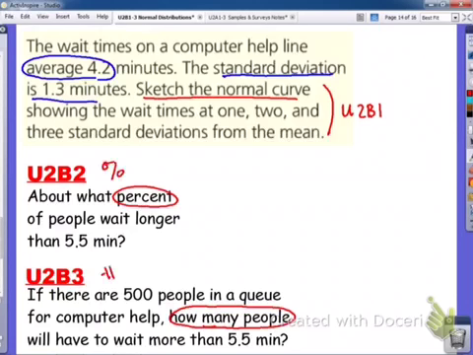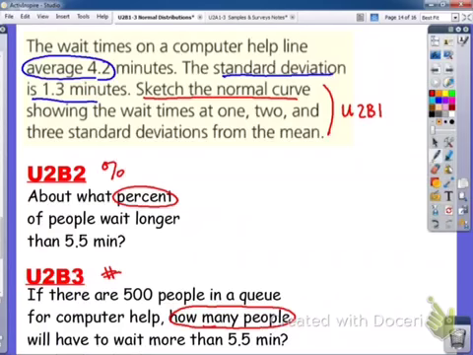This is about actual numbers of people. Okay. So let's draw the curve. If you haven't drawn it already, I would encourage you to take a moment right now. If you're watching the video, you can pause the video and try to go ahead and get the normal curve drawn completely using 1, 2, and 3 standard deviations from the mean.